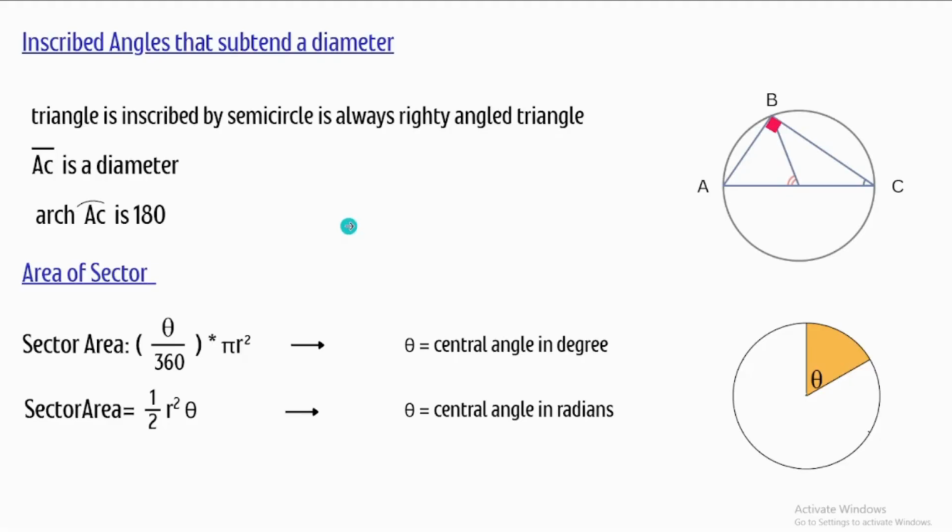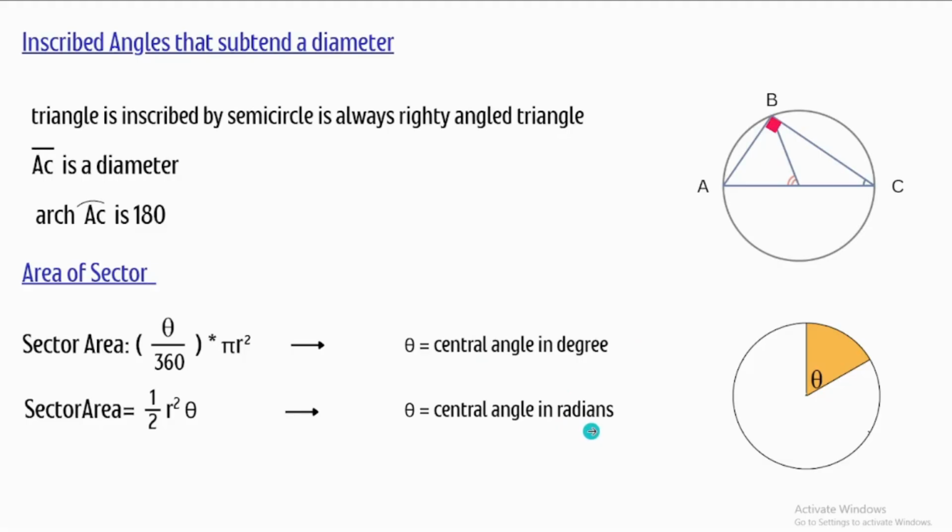We will take now the area of the sector. We have, of course, to memorize all these definitions. For the sector area, we have two kinds of measurement to measure the sector area. One is by degree and the other is with radian.